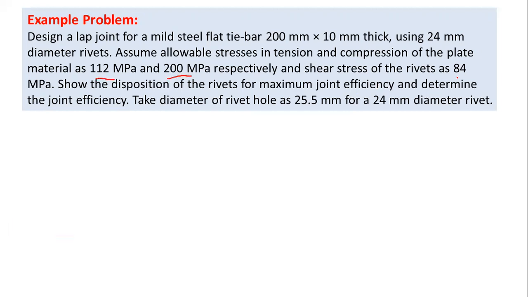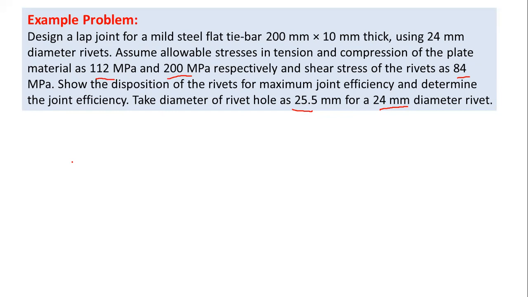Shear stress of the rivets as 84 megapascal. Show the disposition of the rivets for maximum joint efficiency and determine the joint efficiency. Take diameter of the rivet hole as 25.5 mm for a 24 mm diameter of the rivet. So this is the given question.